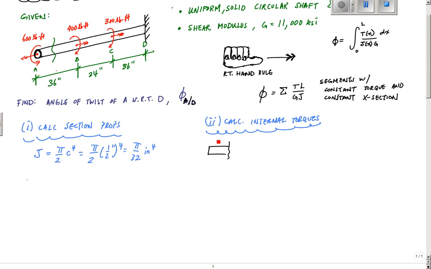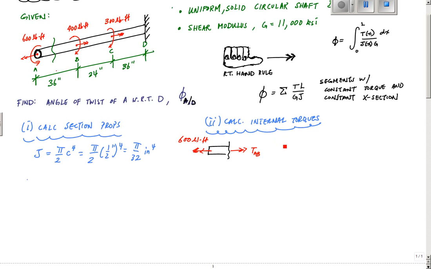I've cut it here. I've got this torque here of 600 pound-feet. Even though I know what direction it's going to be, I always draw my internal torque from the cut, TAB, positive, which would be the double arrow facing away from the cut.